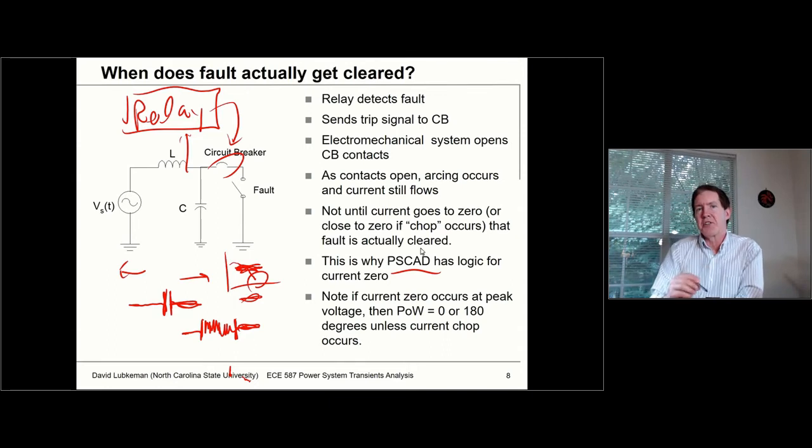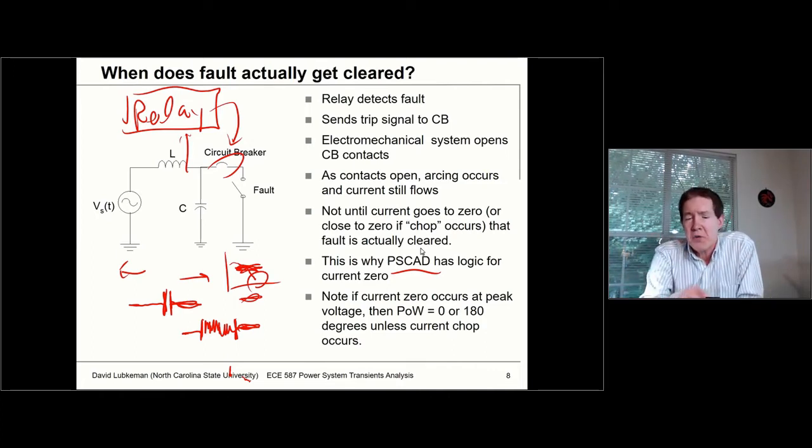This is why you generally have a little option you set about whether you want this fault to clear on a current 0 or allow for a chop. A lot of times the default analysis assumes that the circuit breaker interrupts and isolates following a natural current crossing.